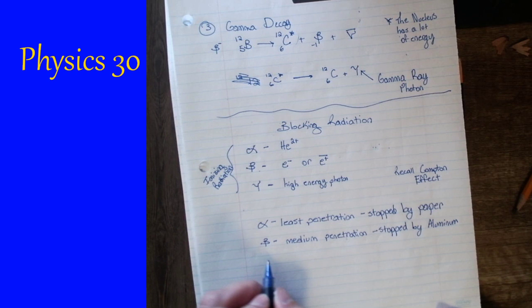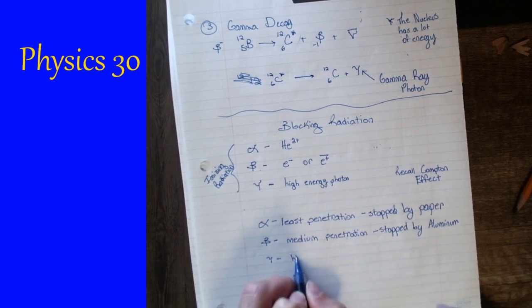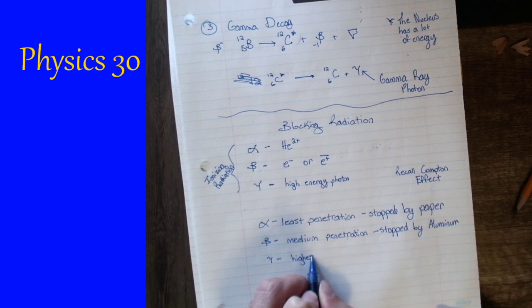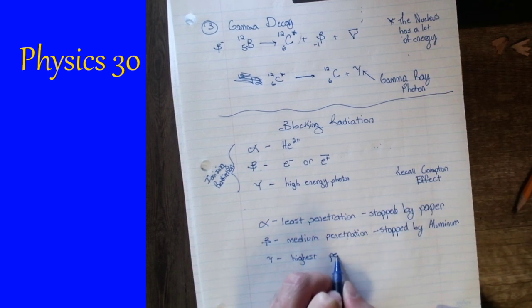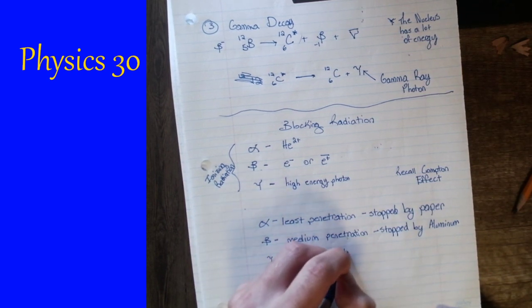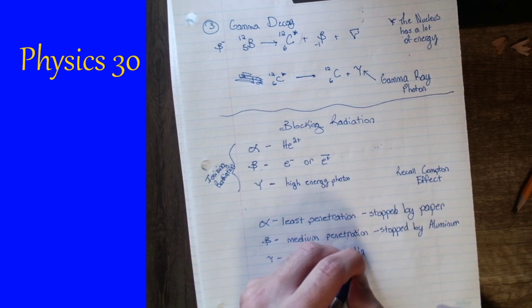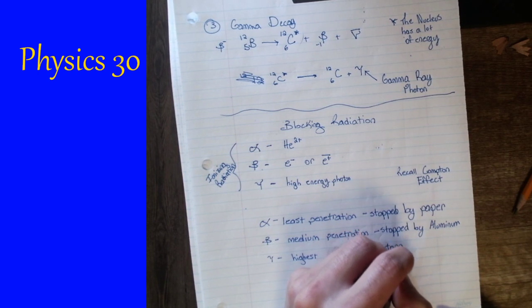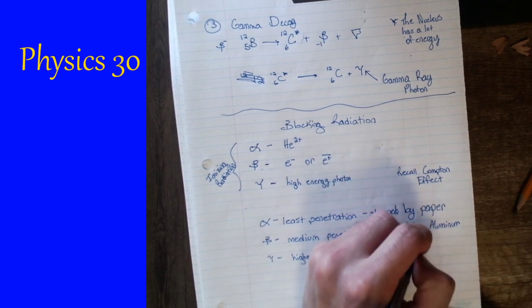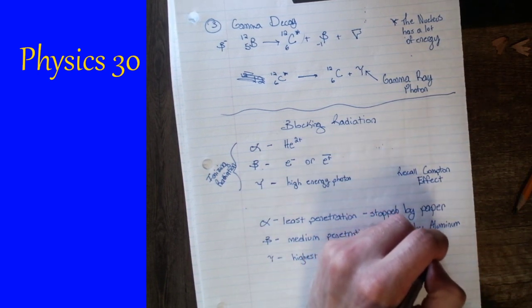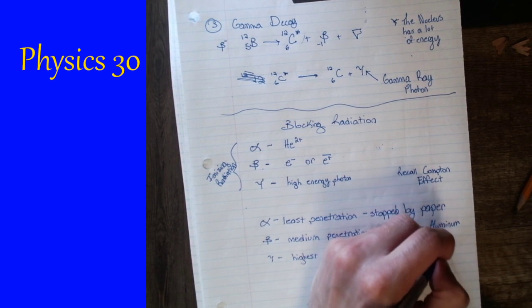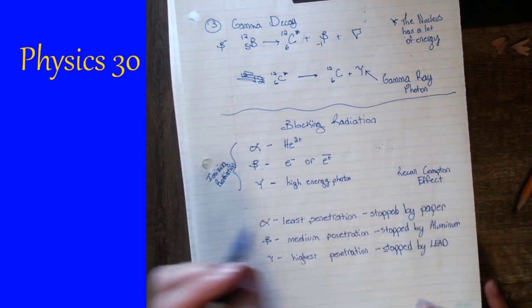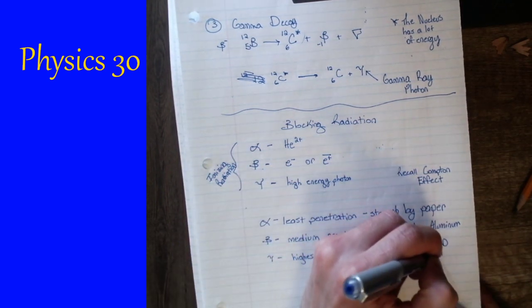The last being the gamma particle, and this has the highest penetration. You can stop this with lead, but that's the best thing there is. If this is a very continuous source of gamma radiation, make the lead very thick.